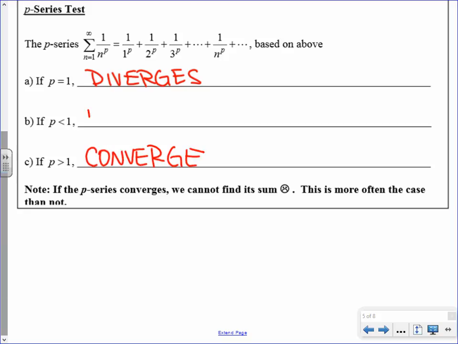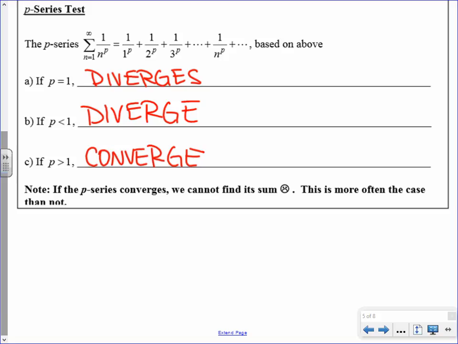But if P is less than 1, we're going to diverge. Once again, if the P series converges, we don't know what it converges to. We just know that it converges.